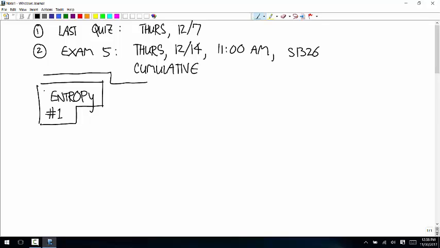All right, so the problem says a gas expands in an isothermal, internally reversible process.